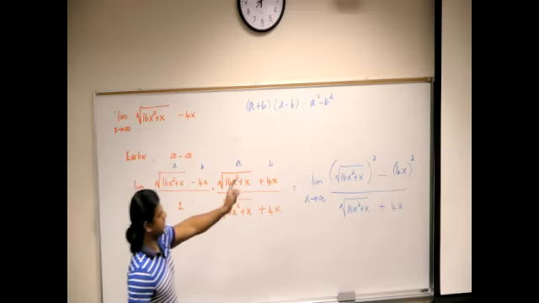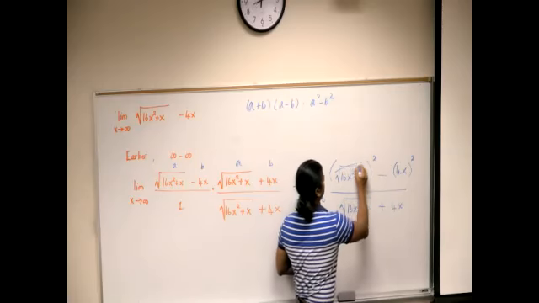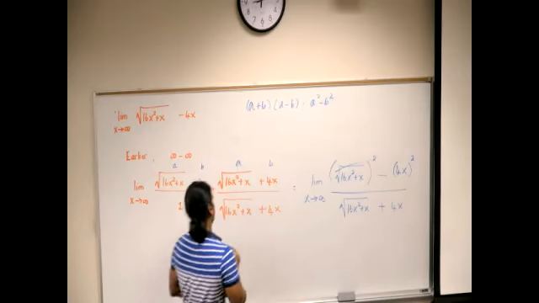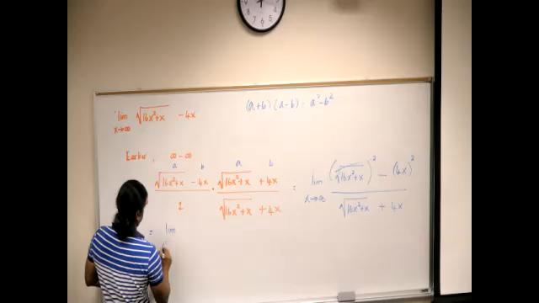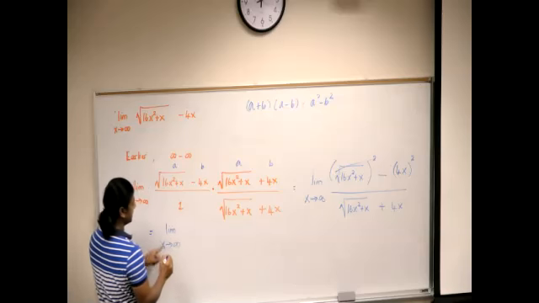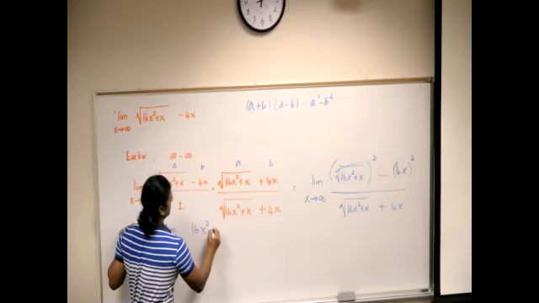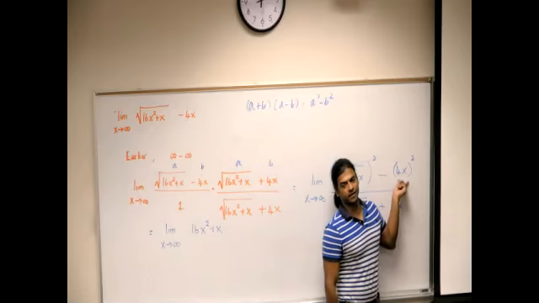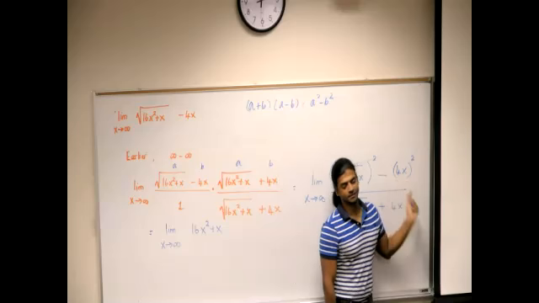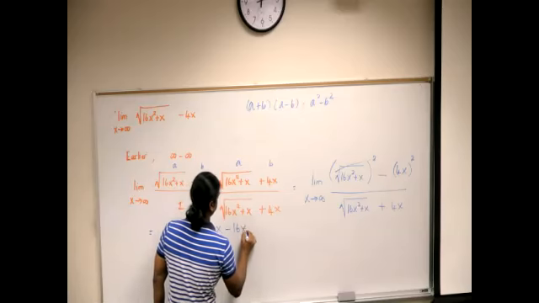Now, what happens to the root and the square? It will go away. So limit x approaches infinity, 16x squared plus x minus, what is 4x squared? 16x squared.